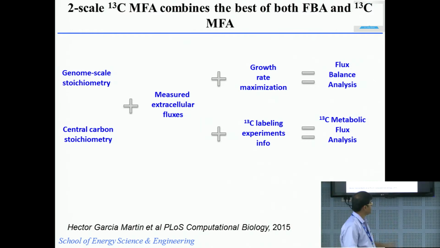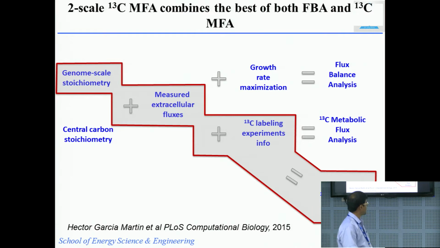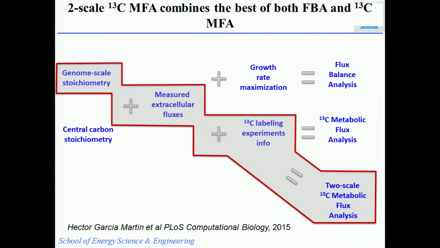So, in my previous work I worked on these two methods, on how I can combine them, the flux balance analysis and 13C MFA. You can combine genome scale stoichiometry, the measured fluxes and the 13C labeling information, and if you combine both the techniques, then what you get is a two-scale 13C MFA.